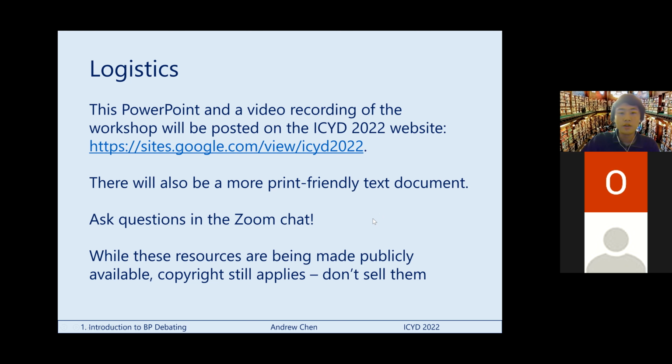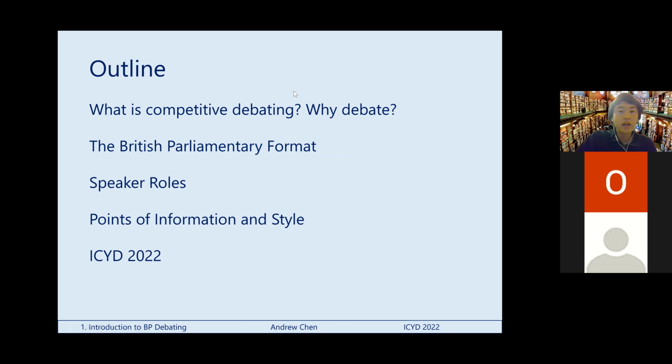Let's get started on the debating then. An outline of today's workshop, since for ICYD, we're not really expecting anyone to have extensive debating experience beforehand. We're going to start with what is competitive debating and why debate. Then we're going to move on to the British Parliamentary debate format, which is the format that ICYD and a lot of other competitions use.